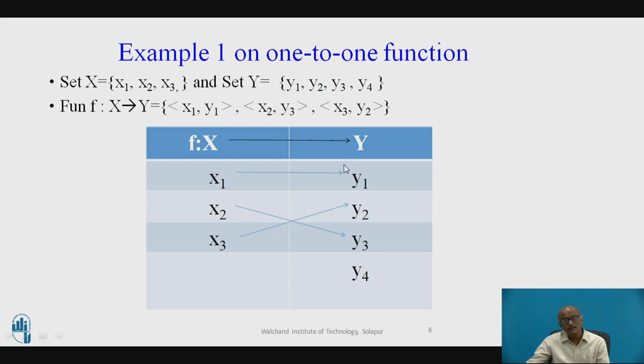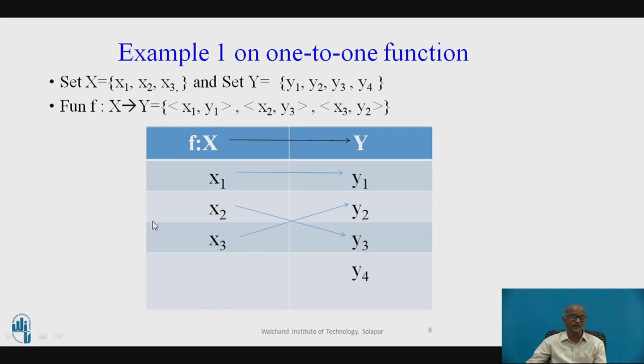It means that the range of the function is y1, y2 and y3. So it is an into function, plus we check whether it is a one-to-one function or not.